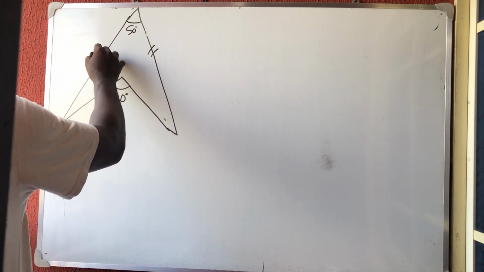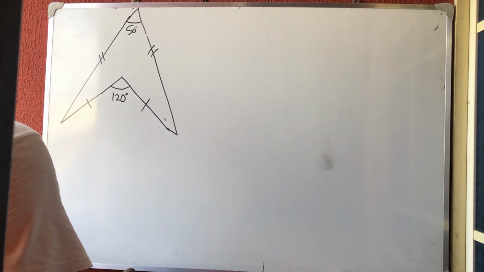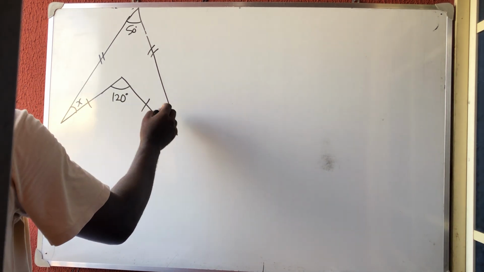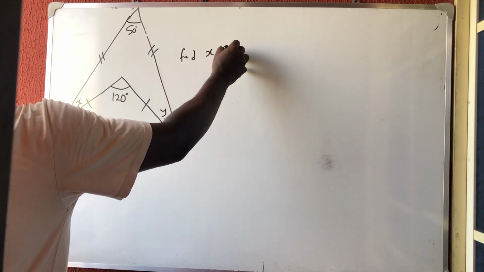They gave us something like this, and here is 120 degrees, and here is 50 degrees. They say that here is equal to here, and here is equal to here, according to them. They now say that here is x and here is y. They say find x plus y.